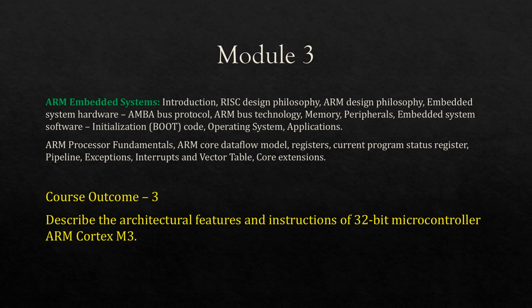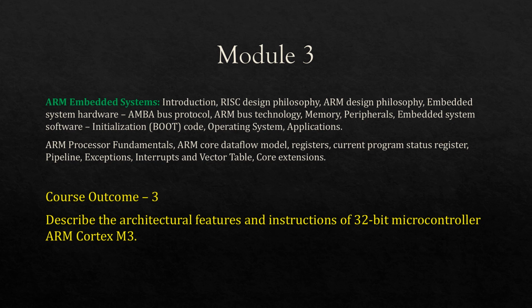How is the embedded system hardware designed? What are the different bus protocols that are used for the embedded system hardware, like the AMBA bus protocol? What is the technology? How do you design a memory, peripherals, and embedded system software, which includes a stack of steps like initialization, operating system, and applications.